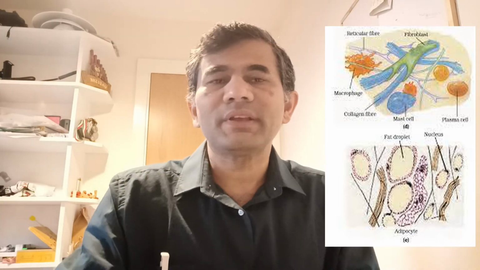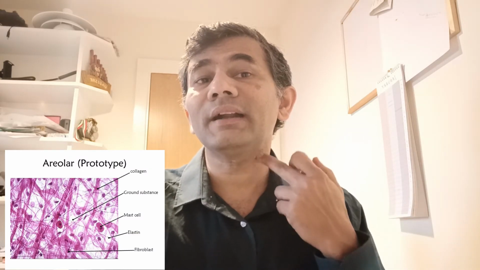Now, let us look into a little bit of detail of areolar and adipose tissue. You don't need many details at this stage. So, whatever is mentioned in your basic books, and in addition, I have taken a few more details from other sources, so listen to them. Areolar connective tissue is found between skin and muscle. So between skin and the underlying muscle there is an areolar connective tissue.